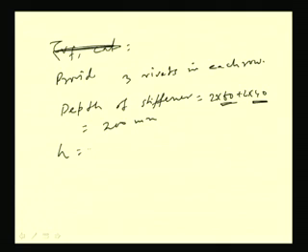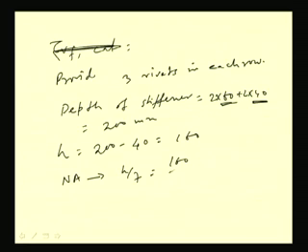So, H will become 200 minus 40, that means 160, right. So, neutral axis will be lying at H by 7, that means 160 by 7, that means at 22.9 mm from the bottom, right.